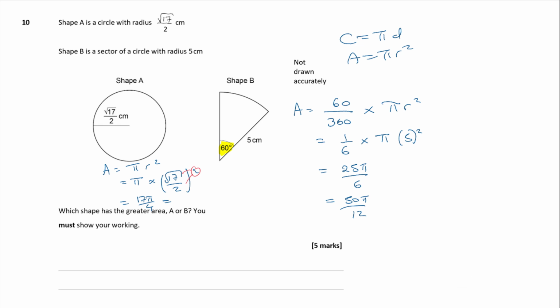And if I do the same thing over here, this time I have to multiply it by a factor of 3 then, don't I? 3 17s is 51. That's 51 pi over 12. So you can see here then that 51 is bigger than 50. Okay, so shape A is greater.